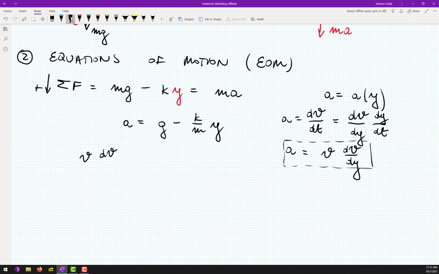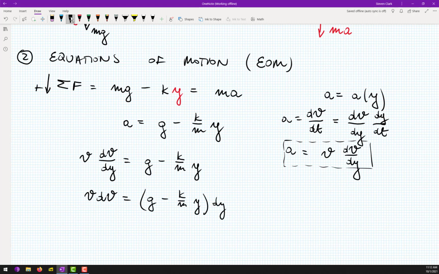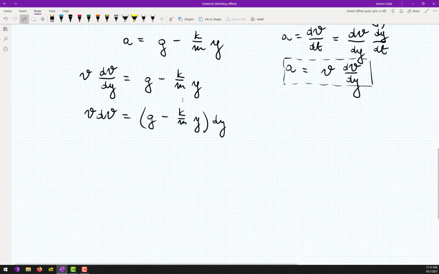v dv/dy is equal to g minus k/m y. Okay, everything with v on one side, everything with y on the other side. v dv is equal to g minus k/m y dy. Let's integrate.